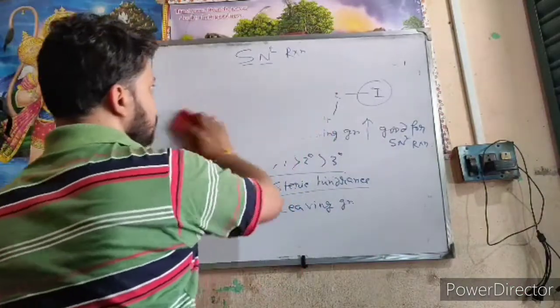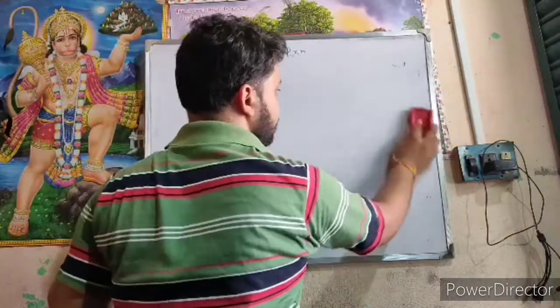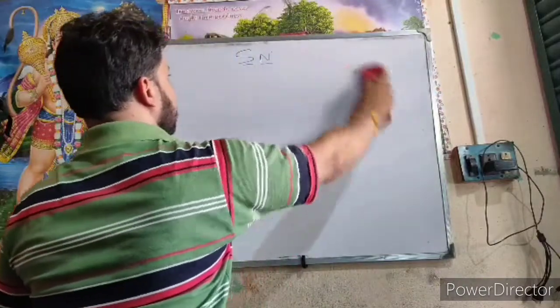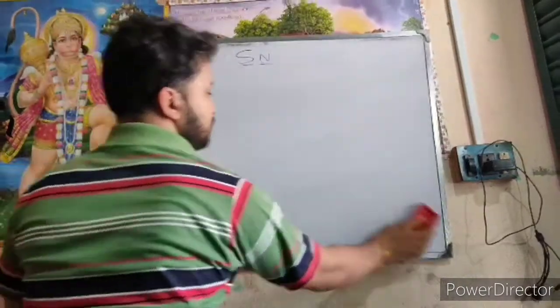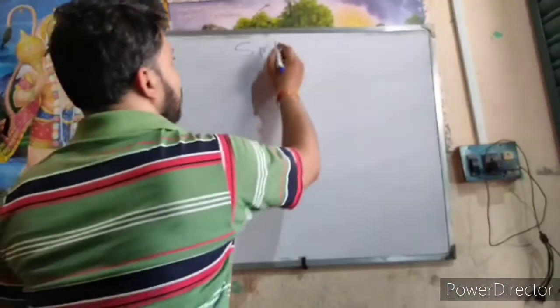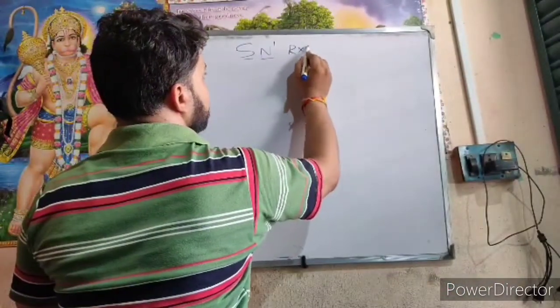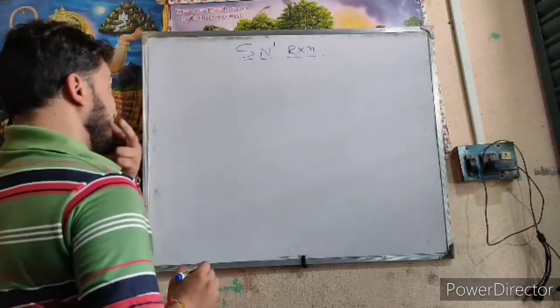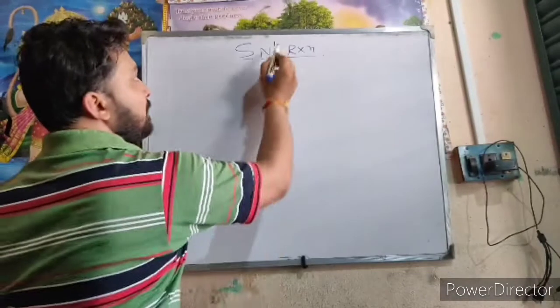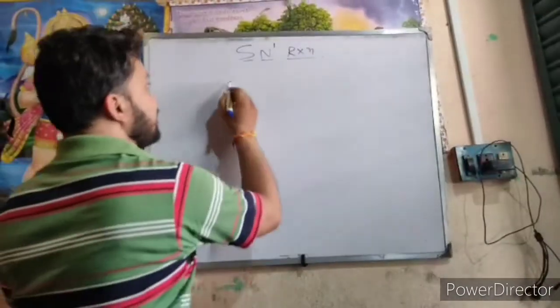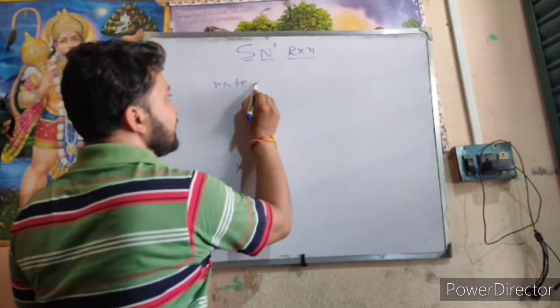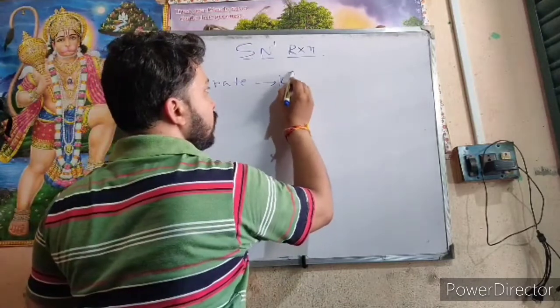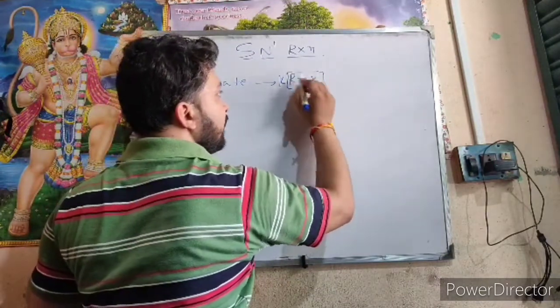Now SN1 reaction. SN1 reaction means, one means uni. Uni means the rate of this reaction depends on only the factor of RX.